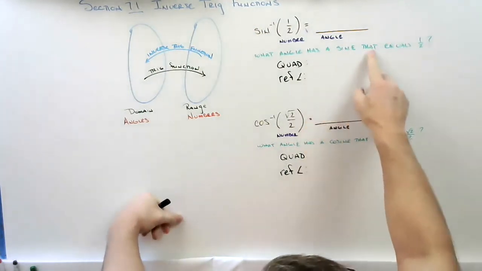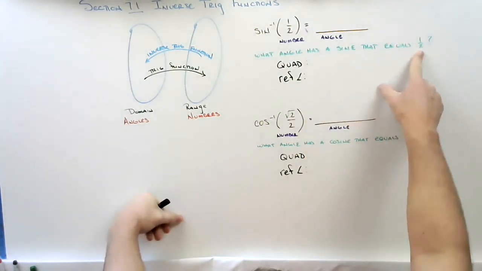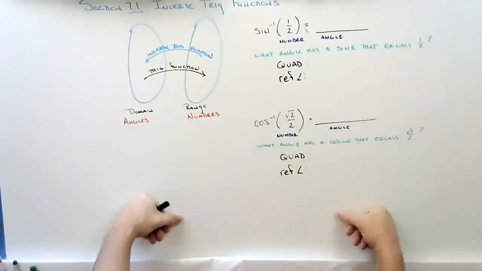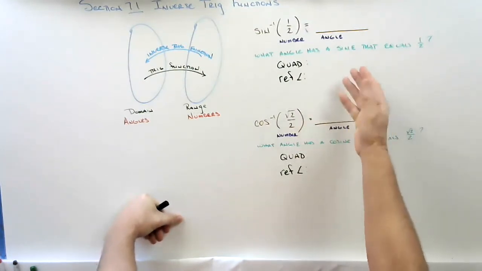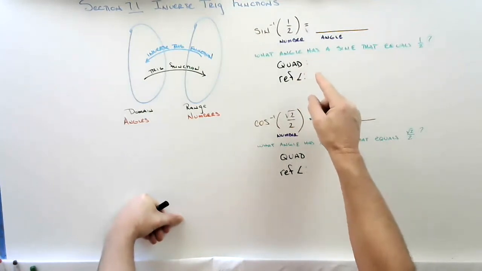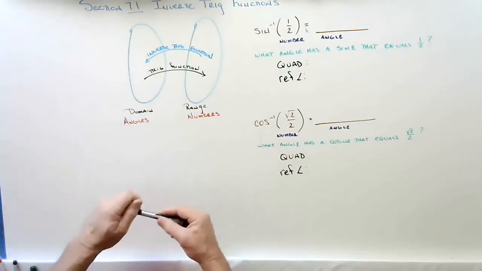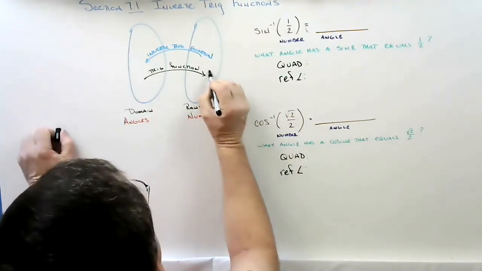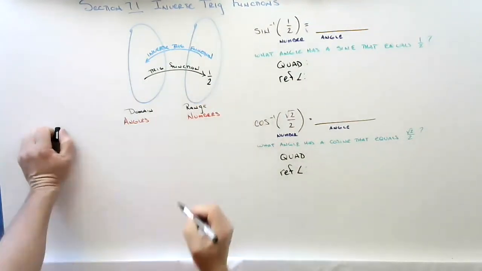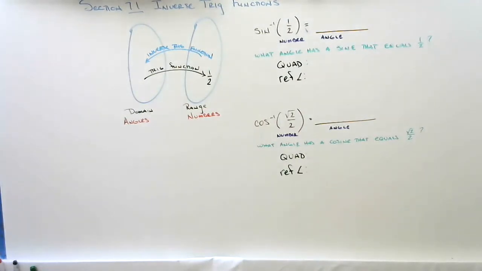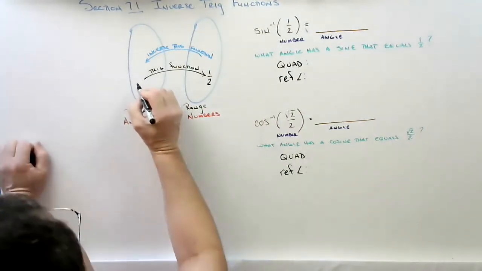What angle has a sine that equals 1/2? Okay, that's what it's asking us. Well, we have to find the angle. Now, if this was a regular trig question, this would be 1/2 right here, and we'd be looking for this angle over here.